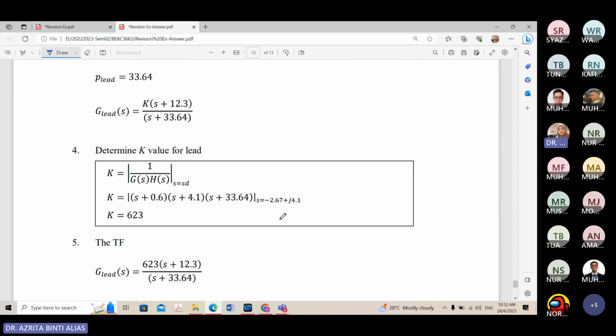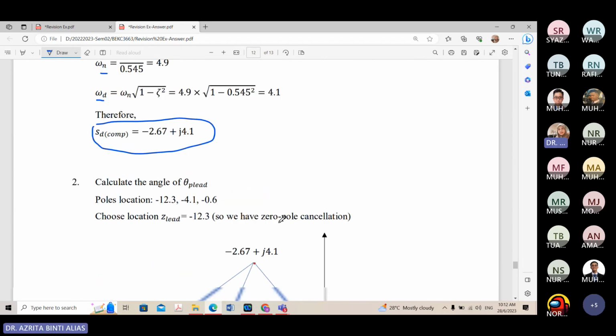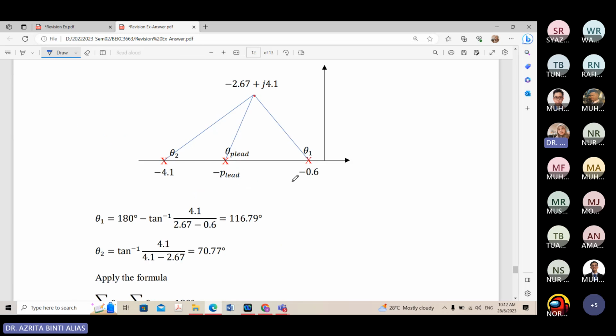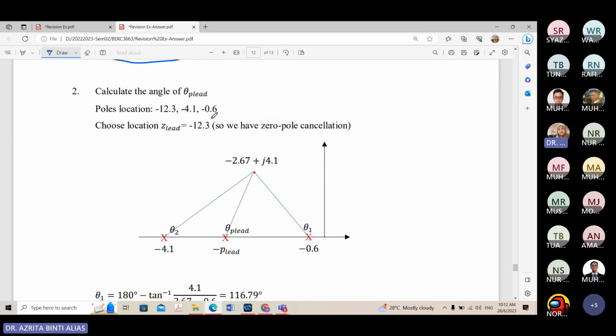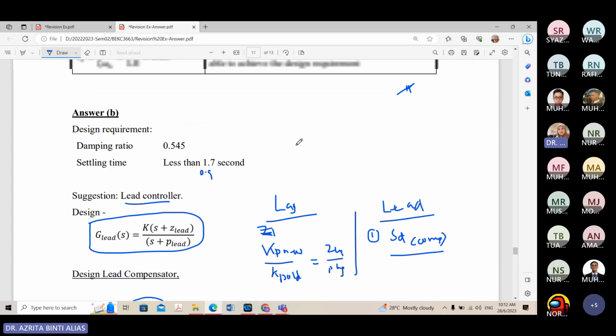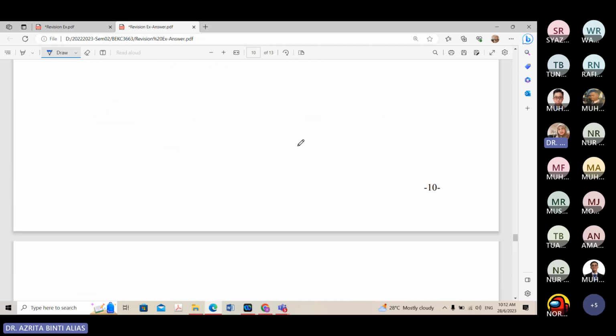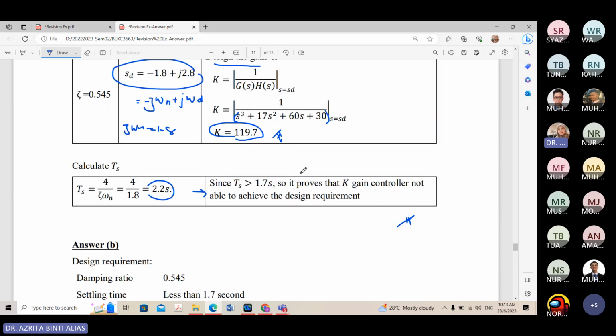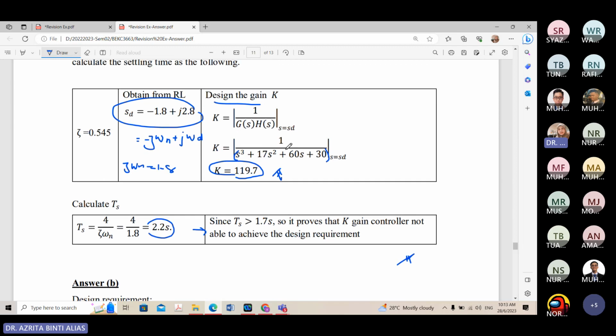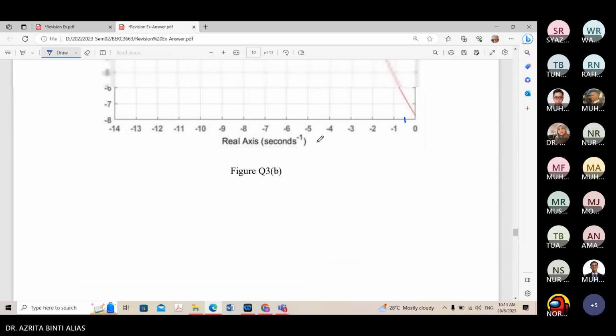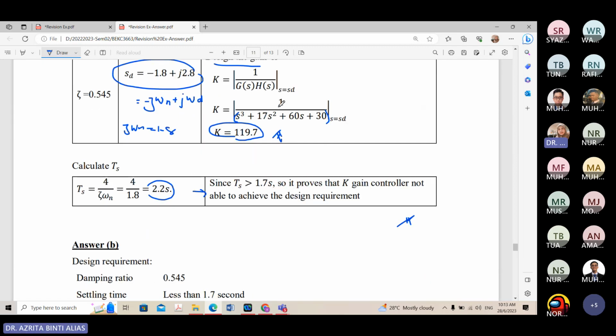So when you want to draw the pole and zeros from the system, you need to find the pole location. So how to find the pole location? We already obtained the GS, the new GS that we obtained from here.